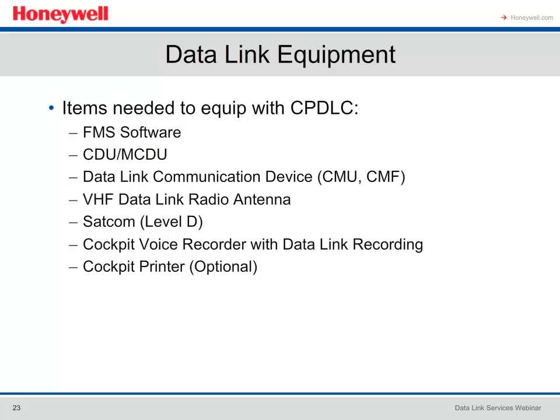They include FMS software, CDU or MCDU, data link communication device, which may either be Honeywell Communication Management Unit, CMU, or Honeywell Communication Management Function, CMF, VHF data link radio antenna, if installing a FANS solution, SATCOM, cockpit voice recorder with a data link recording, and an optional cockpit printer.